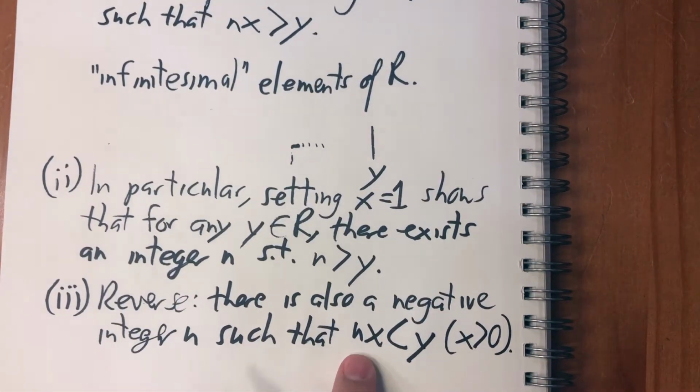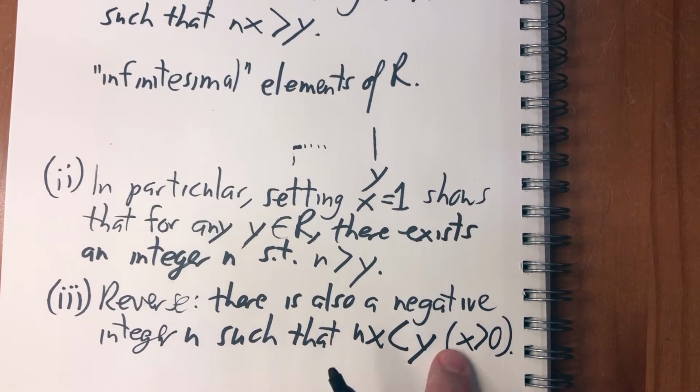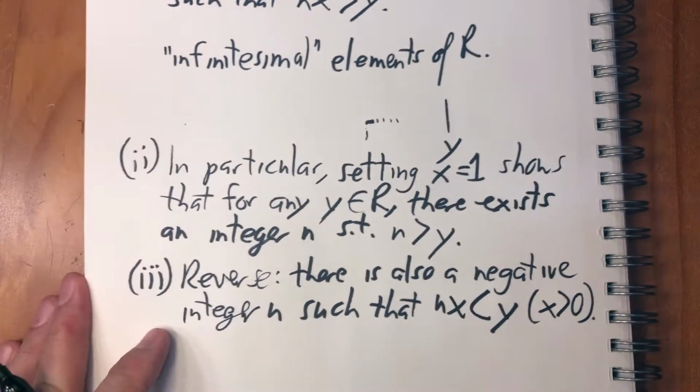Still with x greater than 0, you can find a negative integer that will get x on the other side of y.